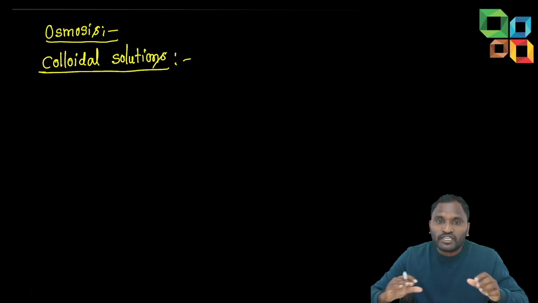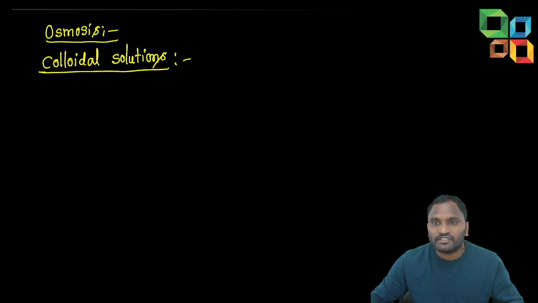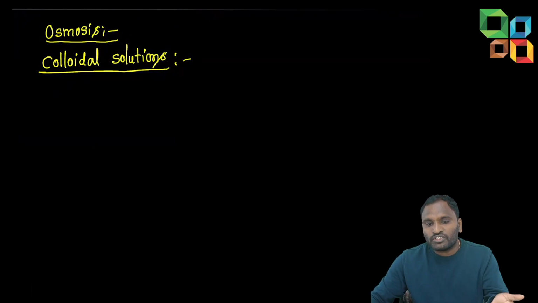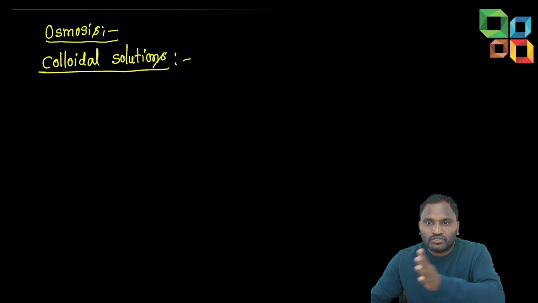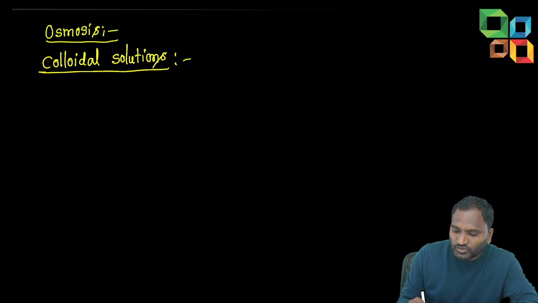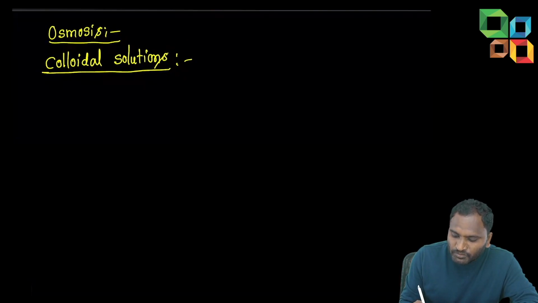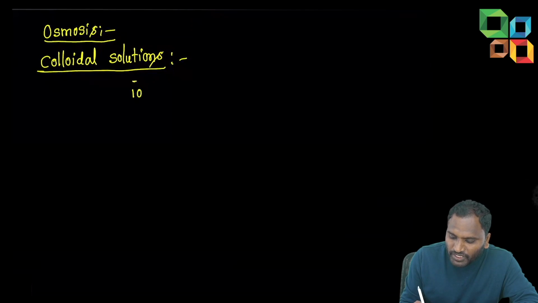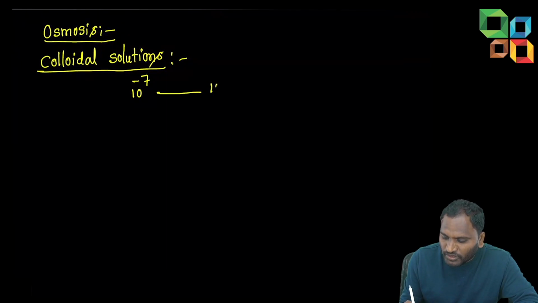Now, in colloidal solutions, the particle size is in between true solutions and suspension. The particle size varies from 10 to the power minus 7 to 10 to the power minus 5 centimeter.